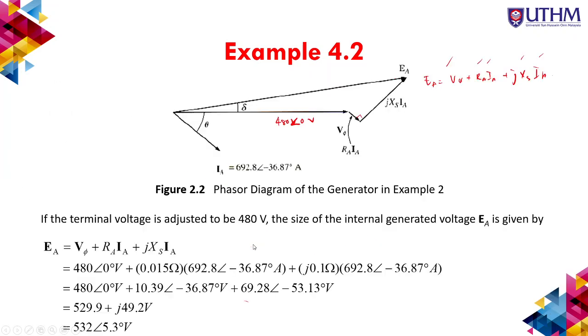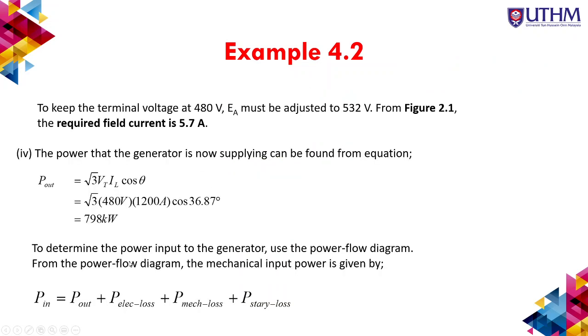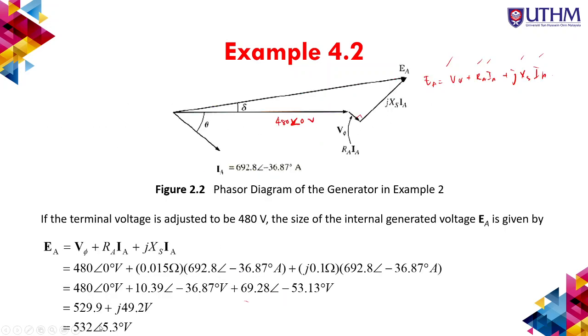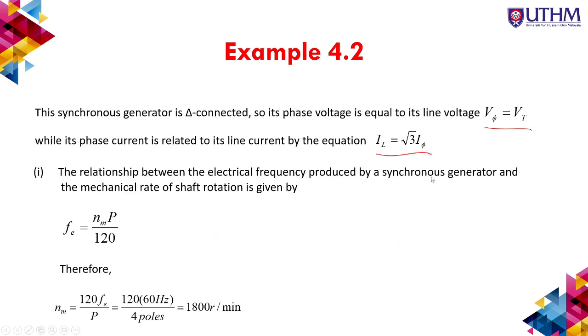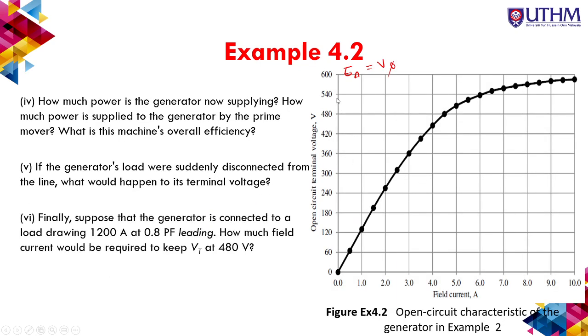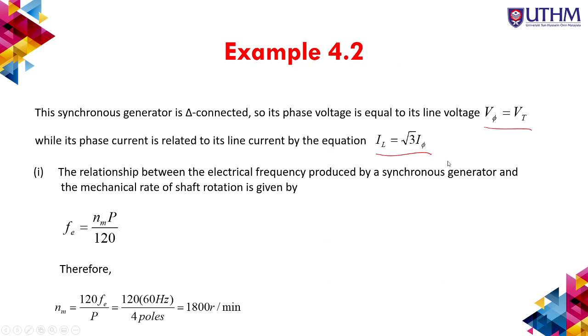Okay, then from here we can look at the graph. So we look at 532, somewhere here. Maybe 4.7, 5.7 for example.